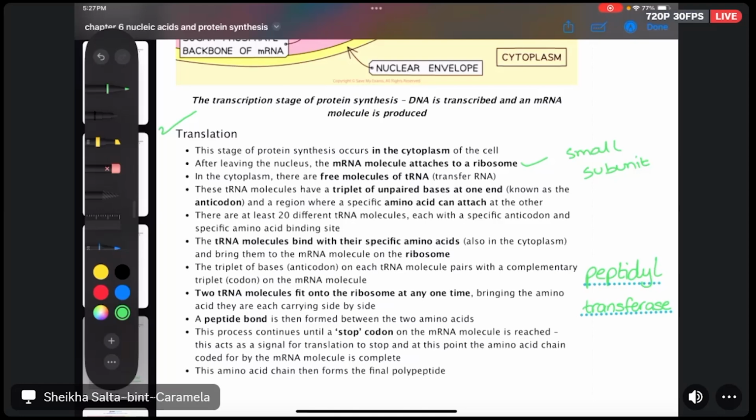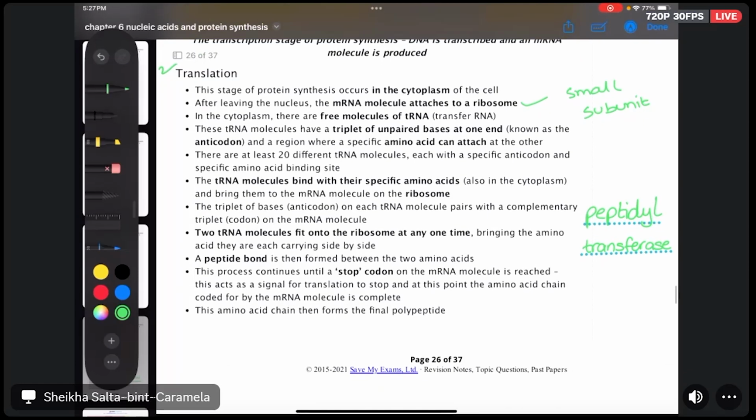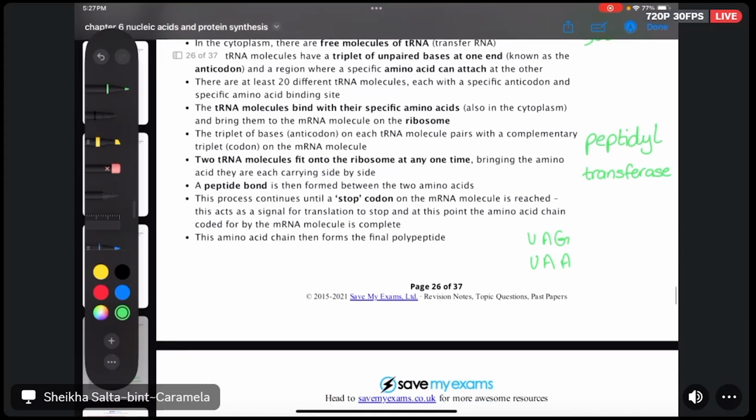The ribosome moves along the mRNA, reads the codons, and the tRNA containing the complementary anticodons come and bind, and then the polypeptide chain is synthesized continuously until the stop codon is reached. The stop codons for mRNA are UAG, then we also have UAA, and then UGA.